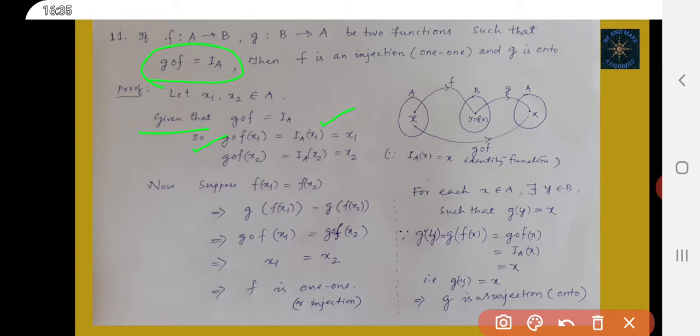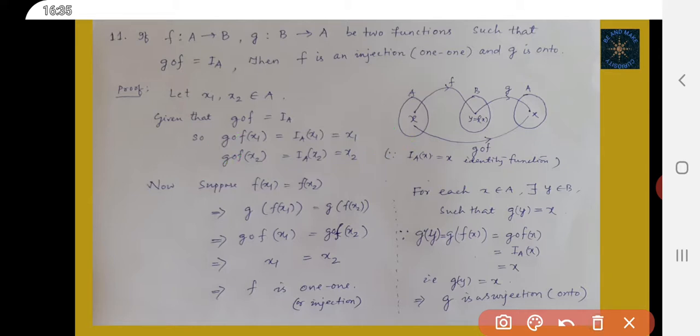And you know identity function I_A of x is equal to x. It gives the same element. What we give as input, that we get as output. So you can write x1. g∘f of x2 is what? I_A of x2, so you can write x2. Okay?